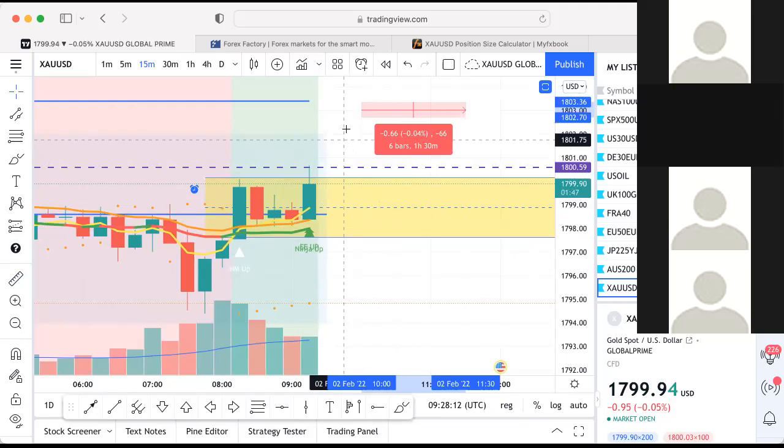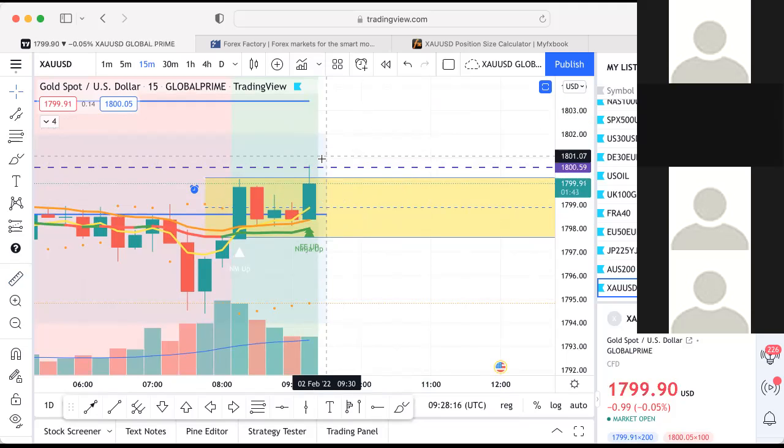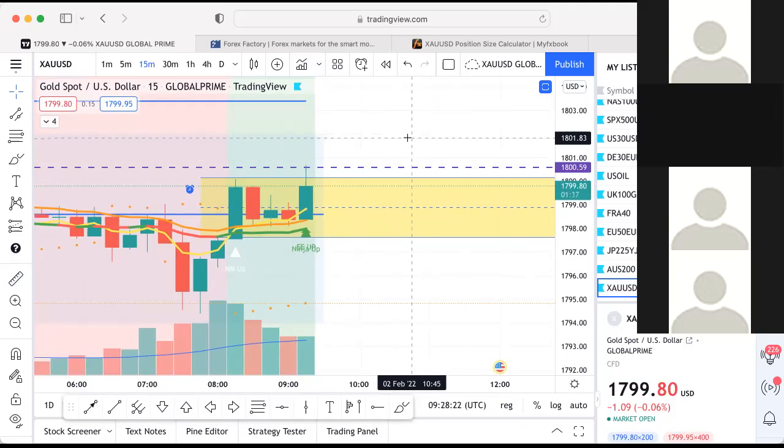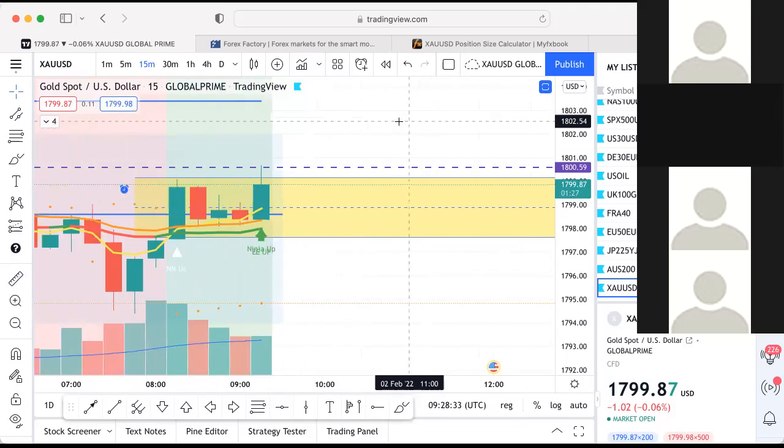So no need to be in too much of a rush to get in. If you get in above that line, there's still more than 20 pips to be had. So we'll wait and see. Any more questions? If not, I'm going to go and make myself a cup of coffee and sit and wait until the price gets to where I want it to be.